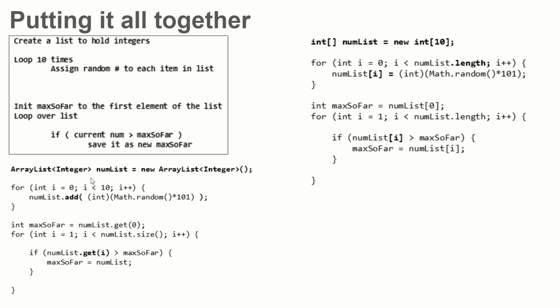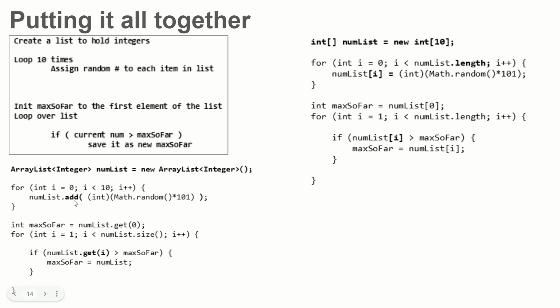What it looks like for ArrayLists is similar but slightly different. When we create the array list, notice we don't have 10 here because you always create array lists to be empty. And then in this for loop, it doesn't make sense to loop to the length of the num list because right now the num list is length 0. So if I want to make 10 integers inside my array list, I actually have to loop 10 times.